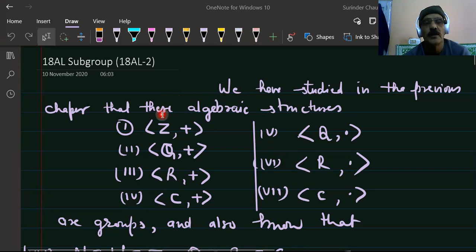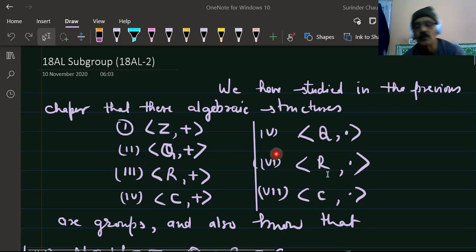So let's have a very clear, lucid idea of what is a subgroup. We have studied in the previous chapter these algebraic structures: the set of integers under binary addition, the set of rational numbers under addition, the set of real numbers under addition, the set of complex numbers under addition, and the set of rational, real and complex numbers under multiplication.